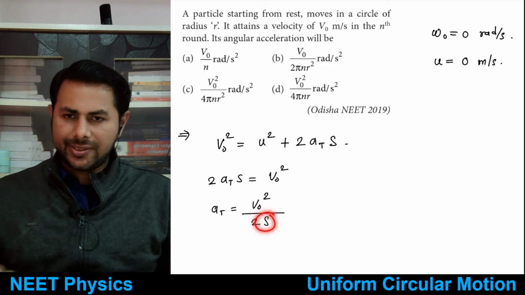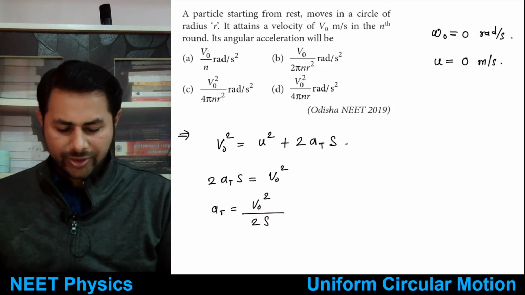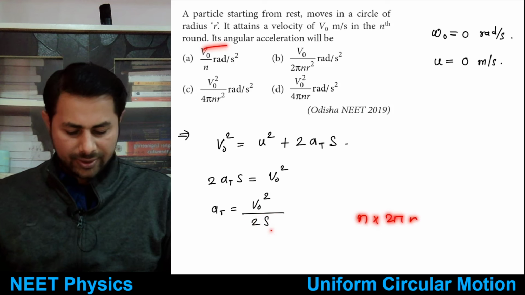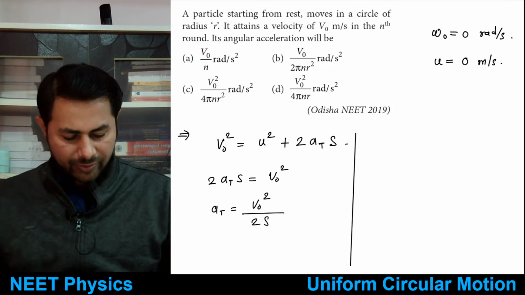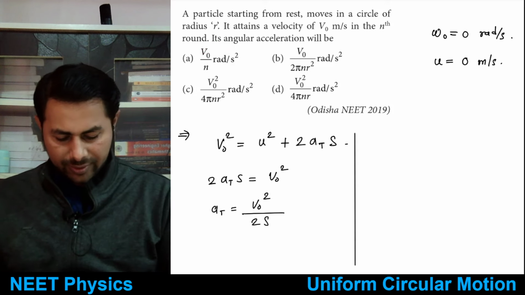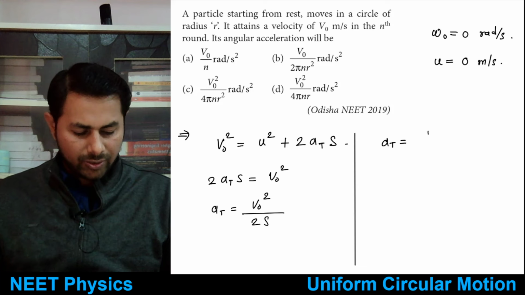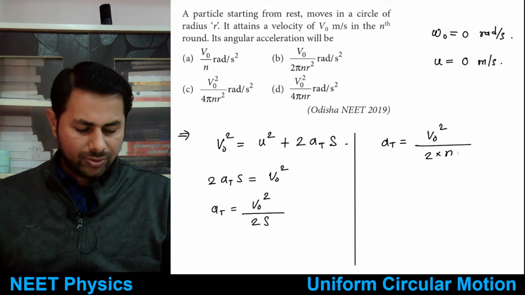So now what is the distance covered? What is the distance covered in n revolutions? The distance covered would be equal to n times 2 pi r, right? So we have at equals v naught square divided by 2 times n into 2 pi r.